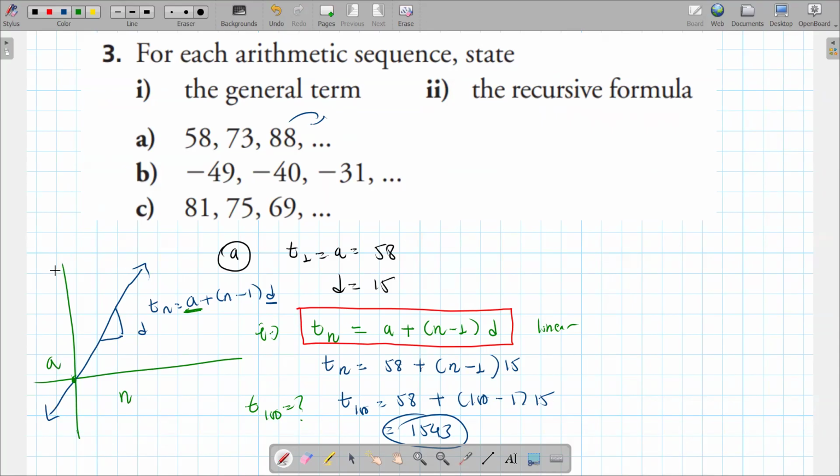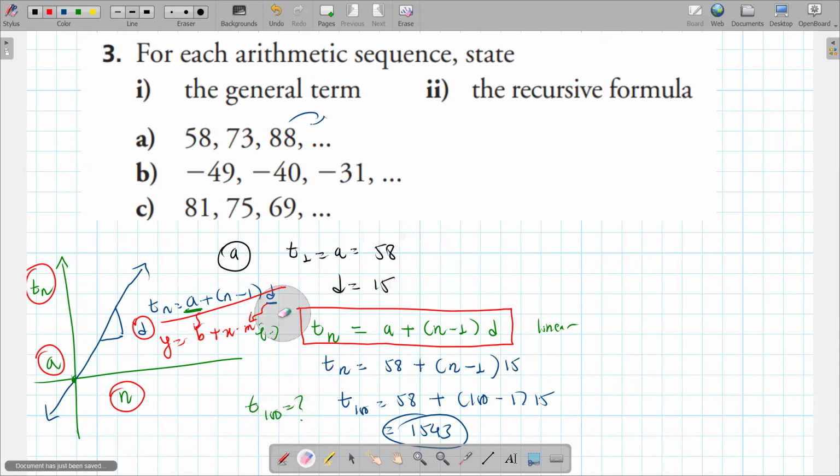And the y here is your Tn. So using your intercept, your x value, and the slope, you can find the y value. It's very similar to y equals mx plus b. So b plus x times m. D is your m, a is your b. It's a linear function.